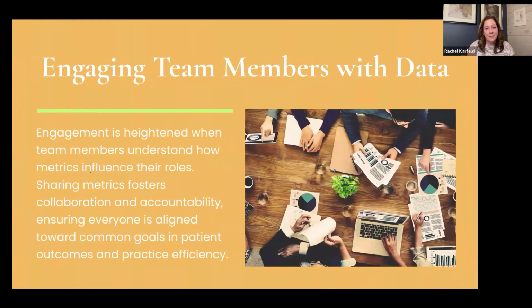And then engaging your team members with the data. So making sure that we are giving the team a heightened understanding of what those key performance metrics are. And again, I do not want you throwing 20 different metrics at your team and saying, have at it.